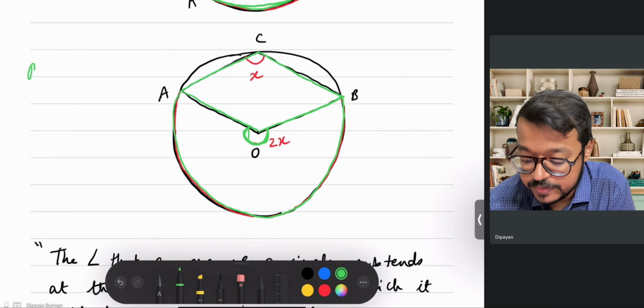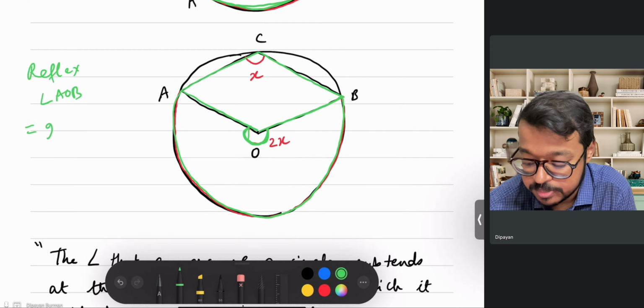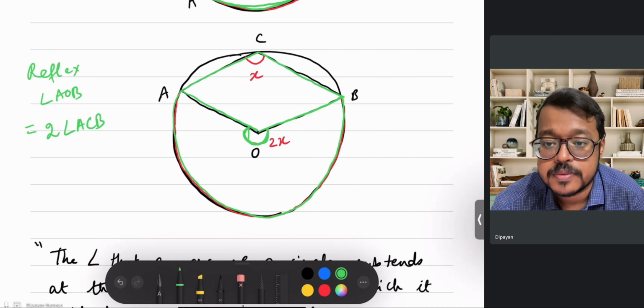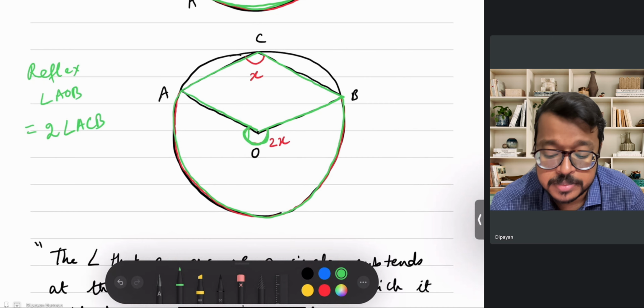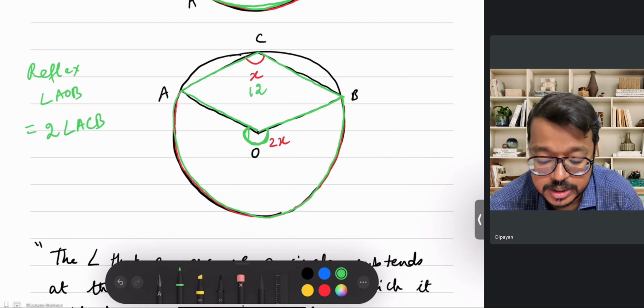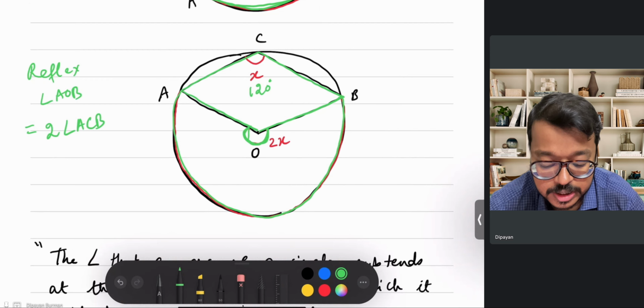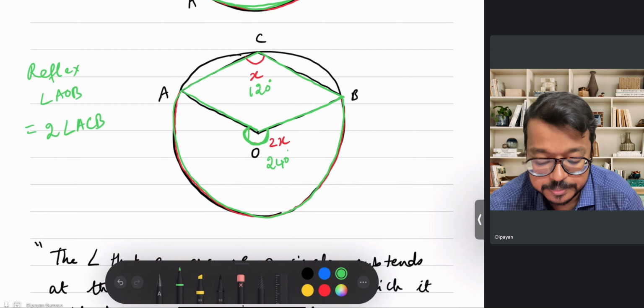So then reflex angle AOB is the angle at the center. That should be double the angle subtended at the remaining part of the circle. So if I take some numbers, for example, if angle ACB was 120 degrees, then the reflex angle AOB will be double of 120, which is 240 degrees.